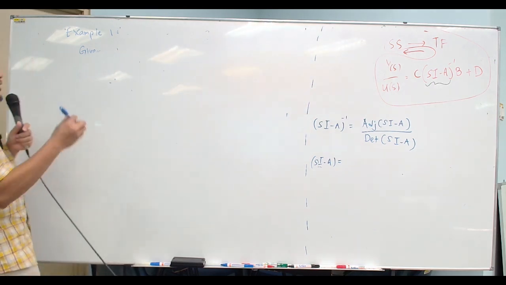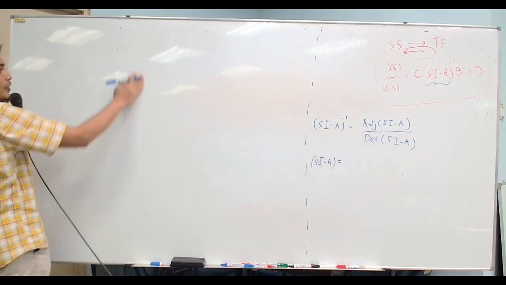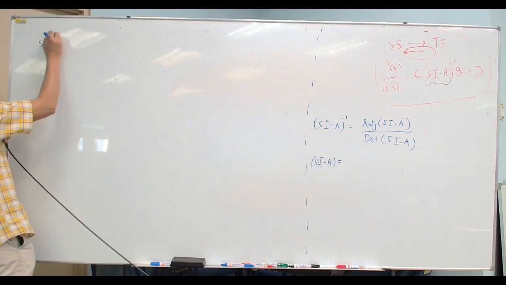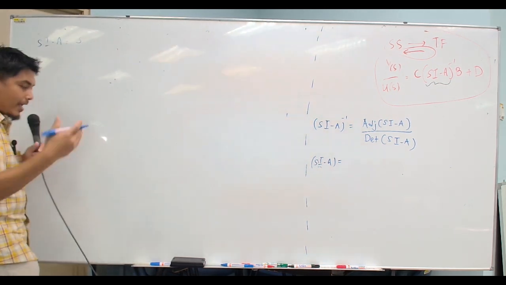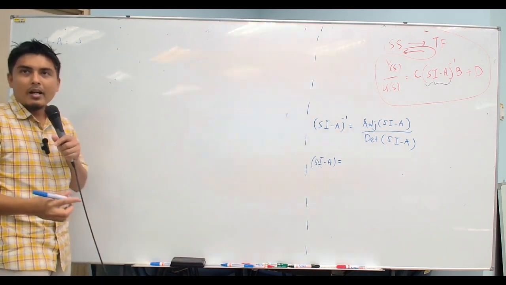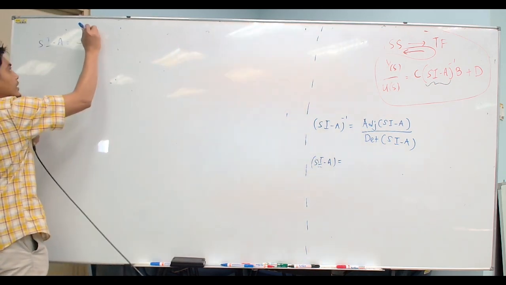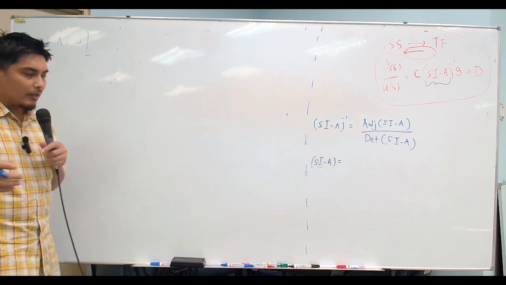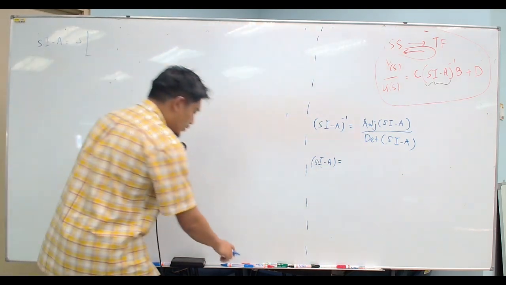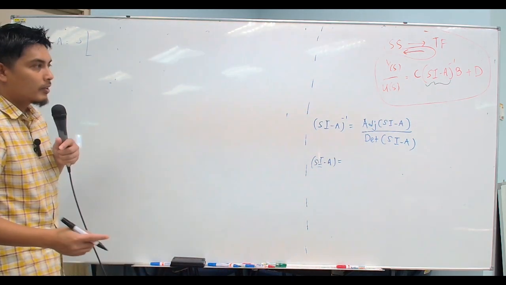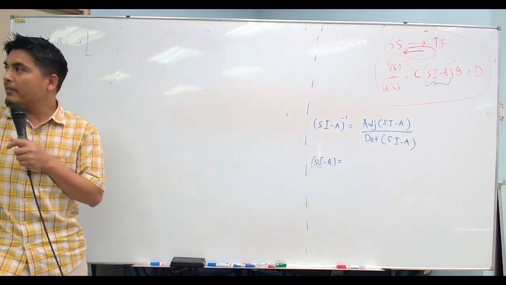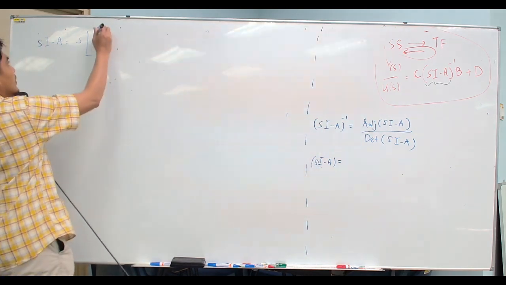You understand? So firstly, you need to get sI minus A first. The s is only s. The I refers to the identity matrix, which is what dimension? Why is the identity matrix 2 by 2? Yes, because your A matrix is 2 by 2.